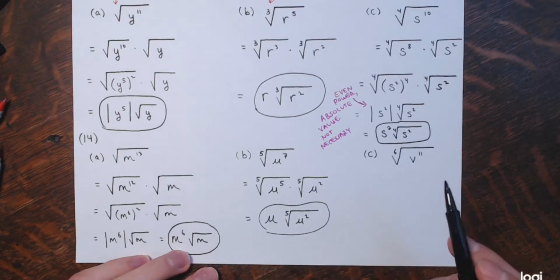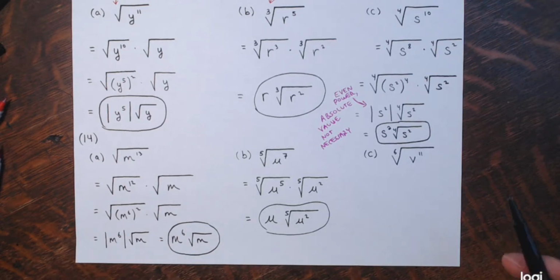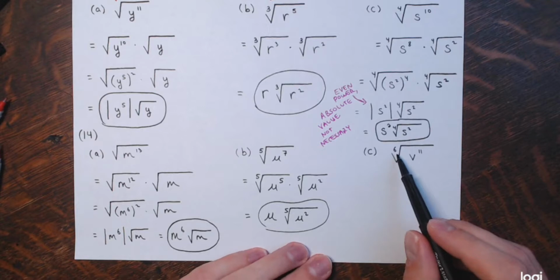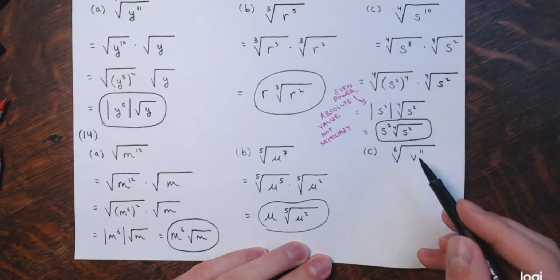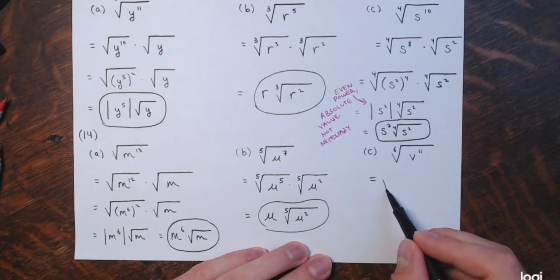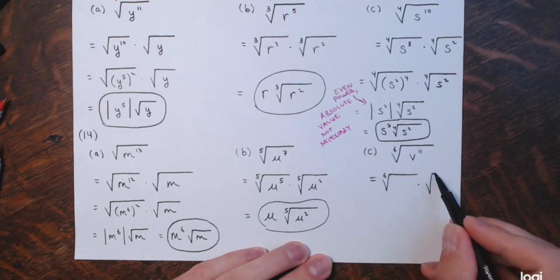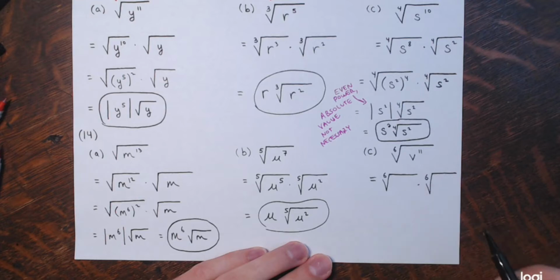And last on this page, number 14, part C, got a sixth root. So again, it's an even root, so I should be using absolute values when necessary. So again, I break this up into a sixth root of a sixth power times a sixth root of a non-sixth power.